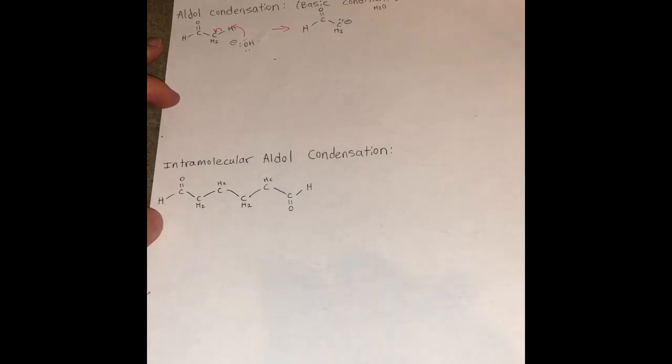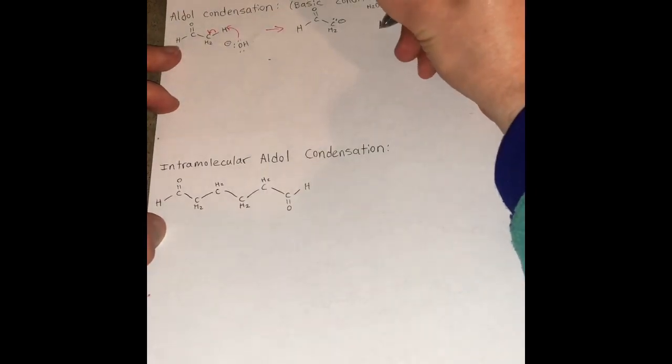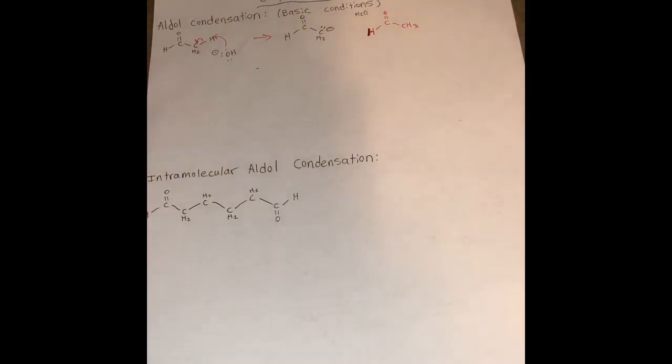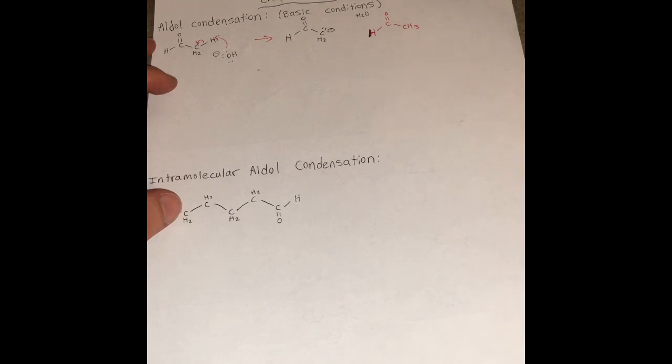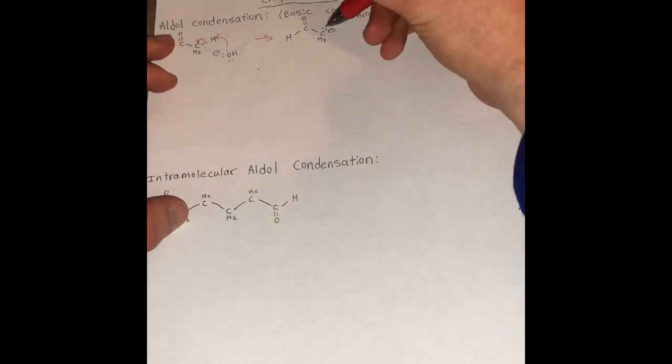In this case, I'm going to add in, I'll put it in red so we can see the different structure, that aldehyde. Now the lone pair of electrons right here will attack this structure.